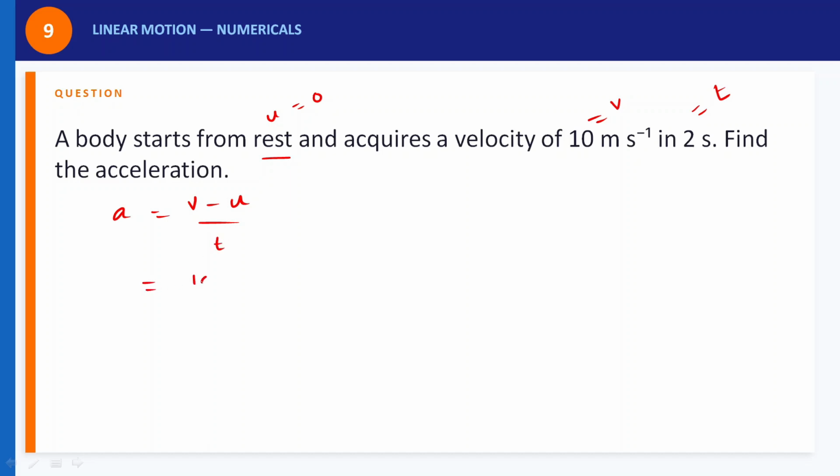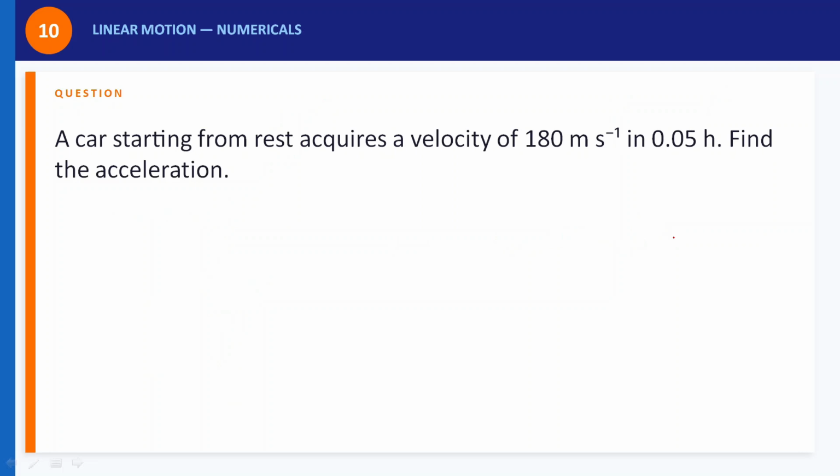Here 10 is the final velocity, initial velocity is 0, time is 2. That equal to 10 by 2. Then therefore a equal to 5 meter by second square. Full one and easy one.